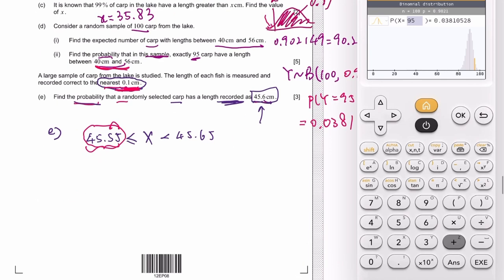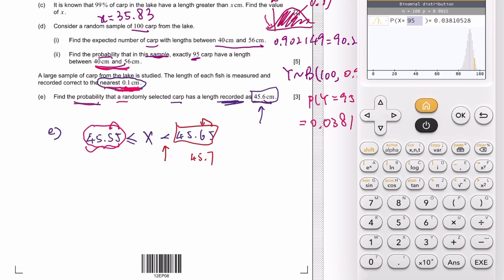Alright. Now what about the biggest possible value? Now I know what you're thinking. You're thinking, hey, if this is 5, then it will add 1, and it will get 45.7. Well, that's why I didn't put an equal sign here. If it's exactly this, then it will be recorded as 45.7.